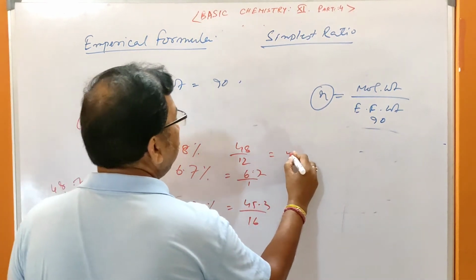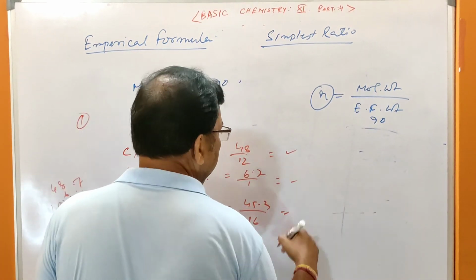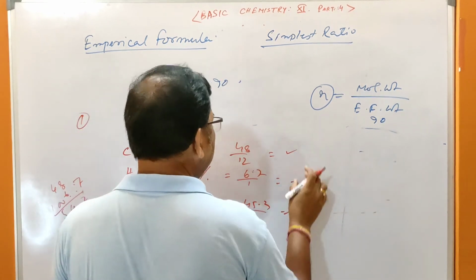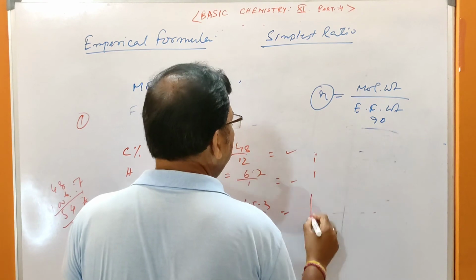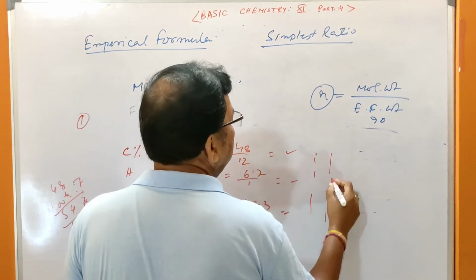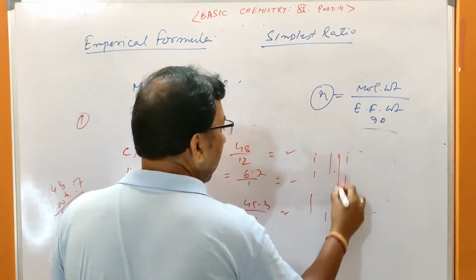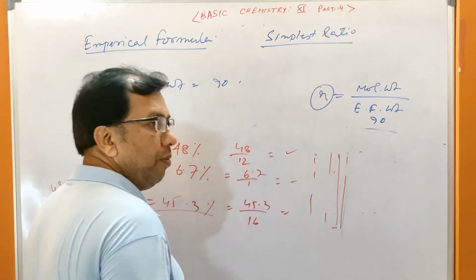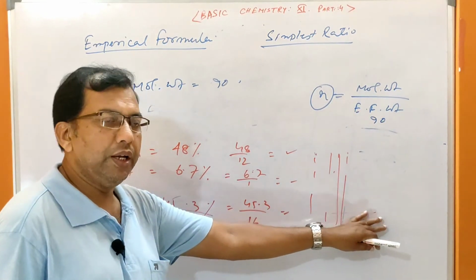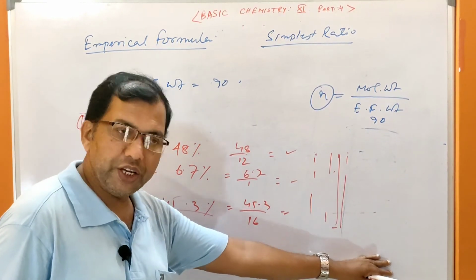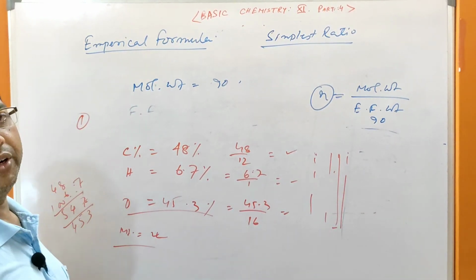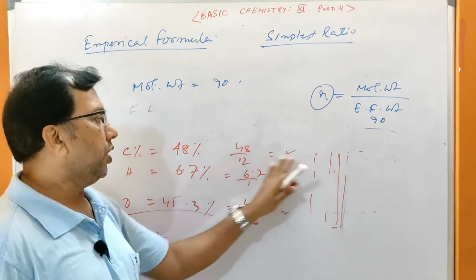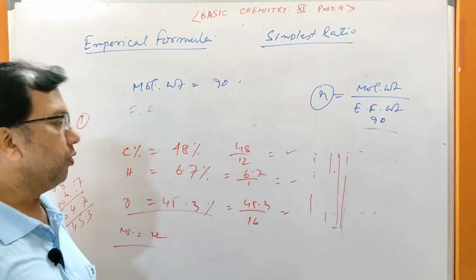Then from these, take the smallest ratio and divide by it, and multiply to get the whole number ratio, then write the empirical formula. From the empirical formula find the empirical formula weight, molecular weight is given, you find n, then everything follows. So jot down the process step by step, it will be clear to you.